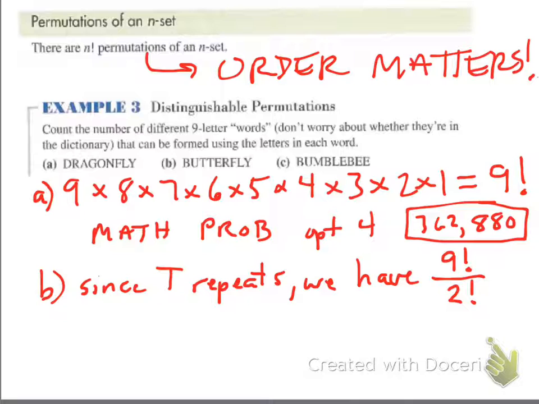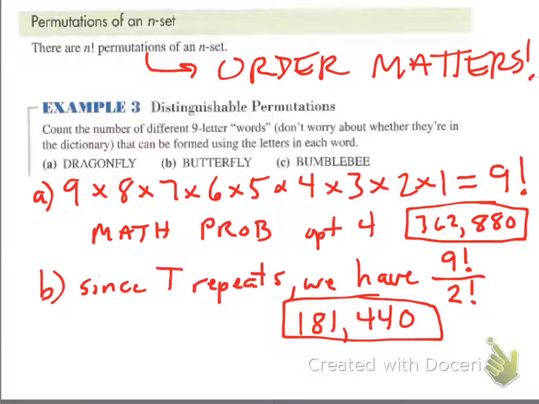So the T repeats twice, that's why it's 2 factorial. If the T showed up 3 times, you do 3 factorial. So in your calculator, you could do 9 factorial divided by 2 factorial, and you get 181,440. And again, remember, this is the sequence of buttons you need to do for factorial in your calculator.